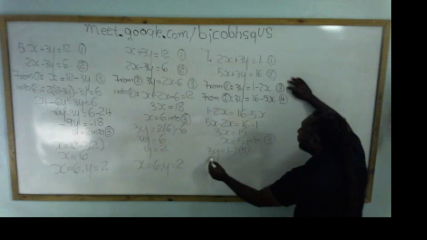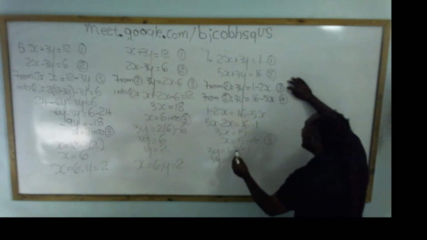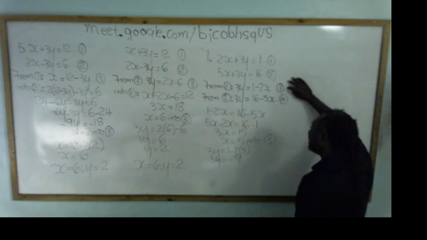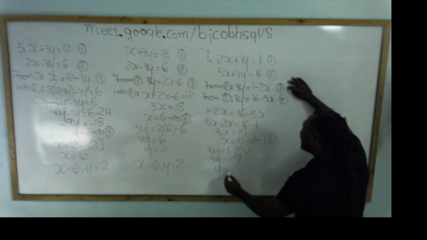Go back on your directed numbers. 2 fives are 10, so 1 minus 10 is negative 9. So y is equal to negative 3.